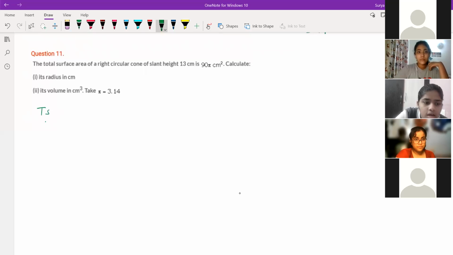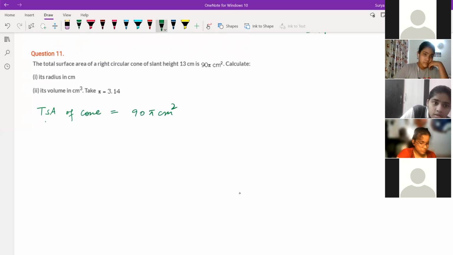So TSA of the right circular cone is given as 90 pi centimeter square, and slant height L is given to you, that is 13 centimeter. So the TSA of the cone formula is pi r L plus r.